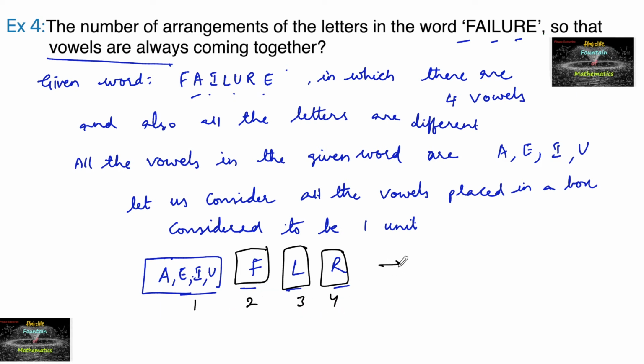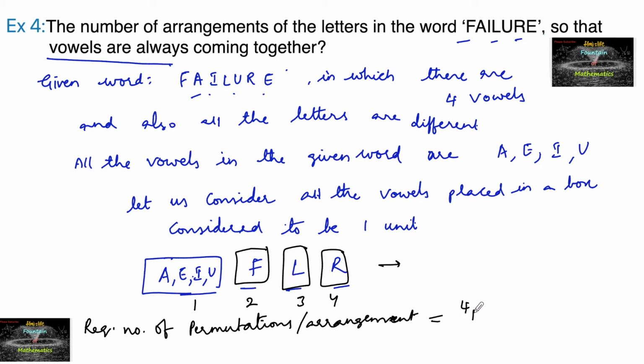And we know that the number of permutations of 4 different things taken 4 at a time is 4P4. Therefore the required number of arrangements is 4 boxes taken in 4 factorial ways, that is 4P4.